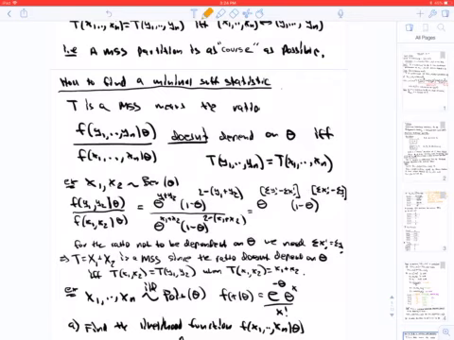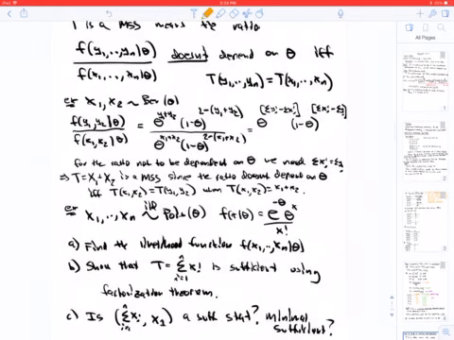Look at the ratio of those two likelihoods. T is minimal sufficient exactly when this ratio doesn't depend on theta. So you find this ratio, you just stare at it.